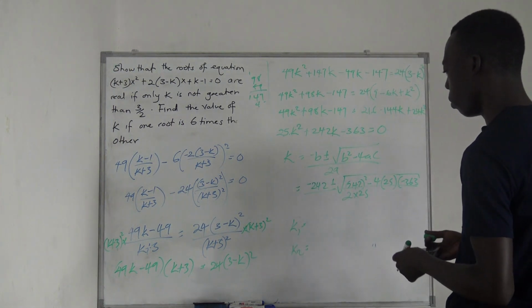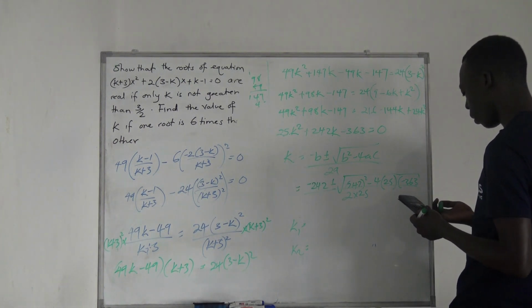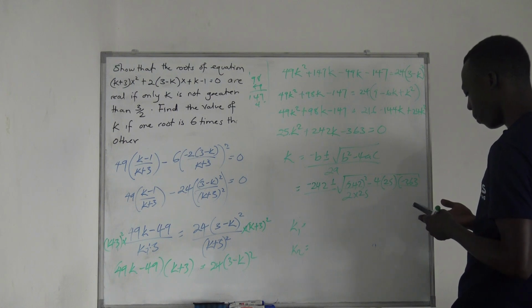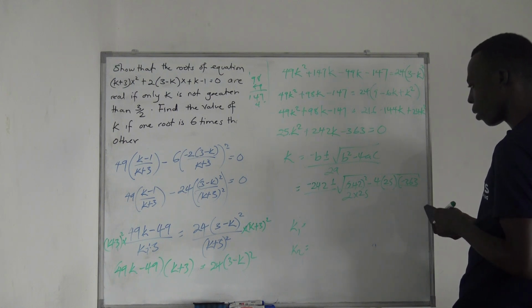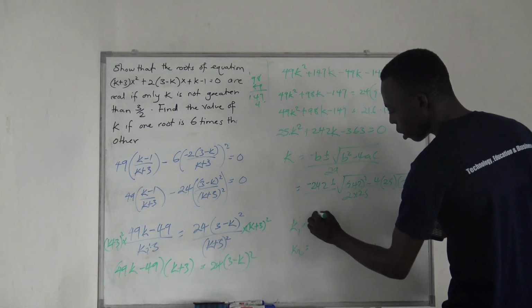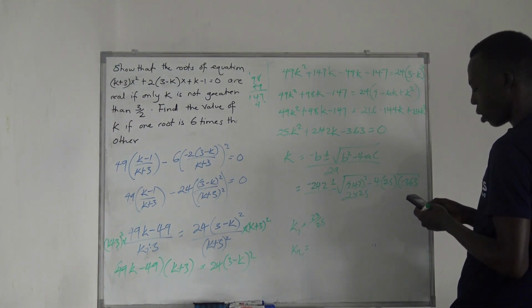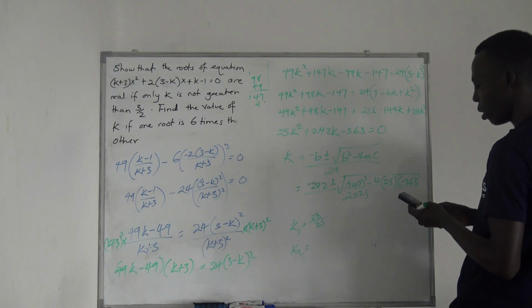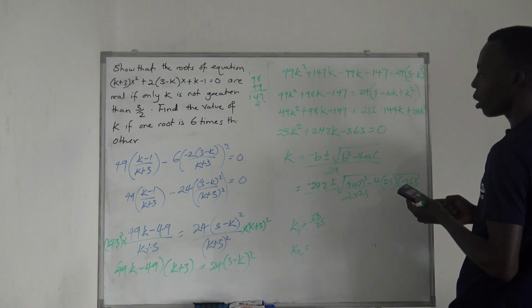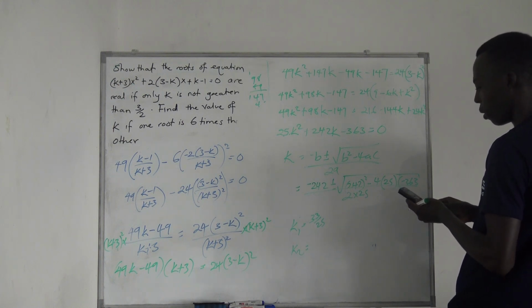So now they must be 2. Now for this case, our K1 will be 33 out of 25, and K2 will be, this is 25, then you get 242, then negative 363.